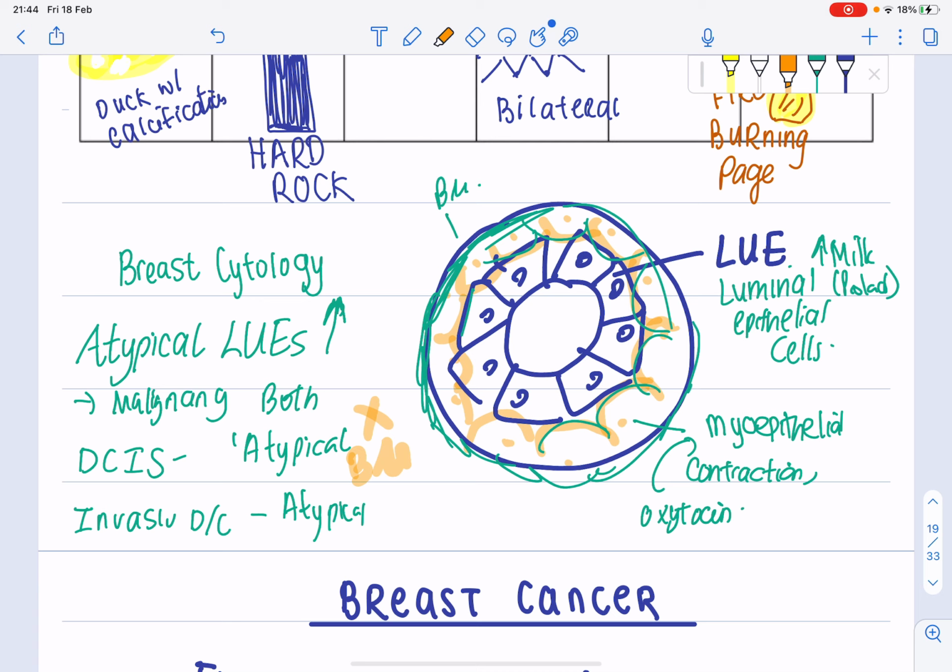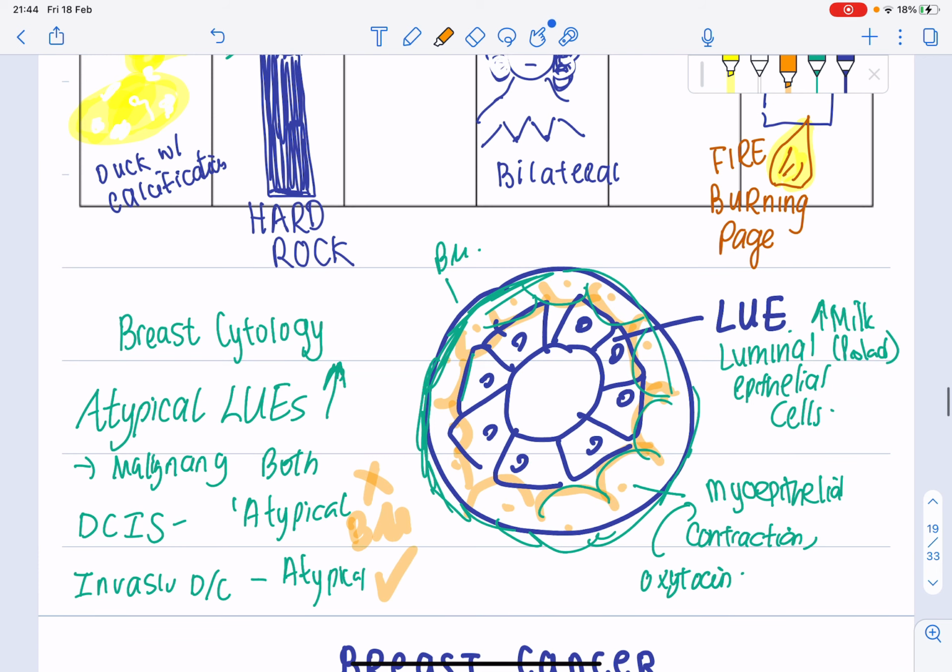In ductal carcinoma in situ, it's not yet invaded the basement membrane. And invasive ductal carcinoma has indeed invaded the basement membrane. And as soon as it invades the basement membrane, it's also going to cause cancer cells to invade and proliferate.